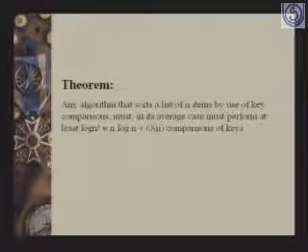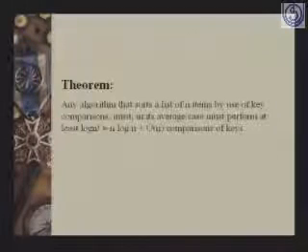That is, no algorithm which sorts a given unsorted list of length n will on the average make fewer than n log n comparisons. That is the significance of this law.